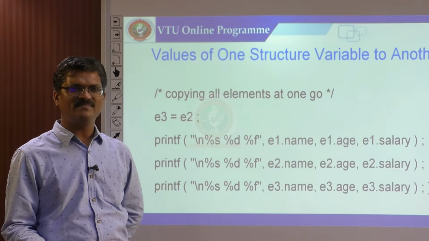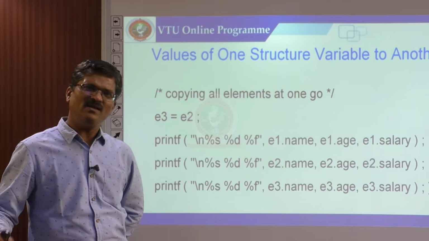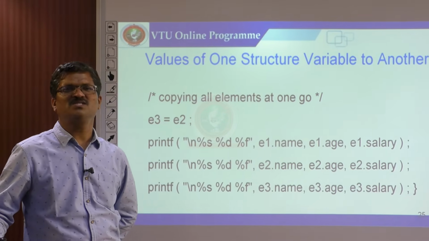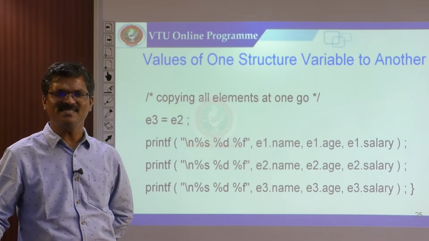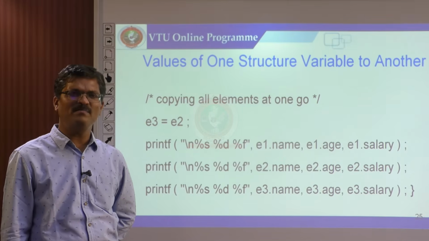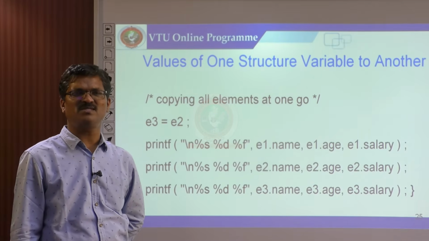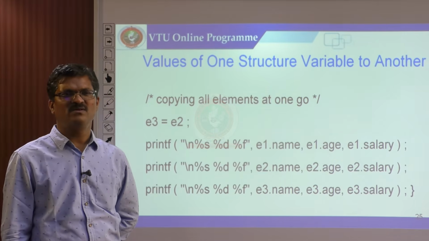In the same way, we can copy the whole structure to another structure, provided they are of similar type. As an example, E3 equals E2, where all the member values of E2 get copied to the members of E3.